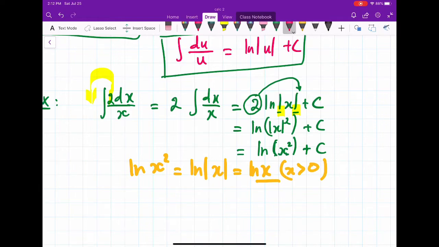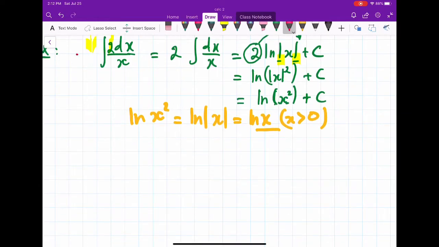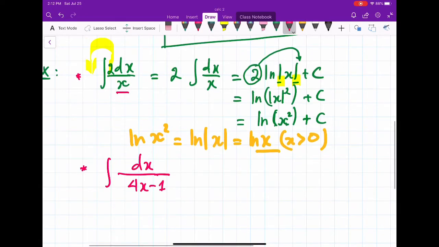All right, let's consider another example. Now we have dx over 4x minus 1. So you can see in the problem you don't have x, but you have 4x minus 1. So probably we need to use substitution in this case.